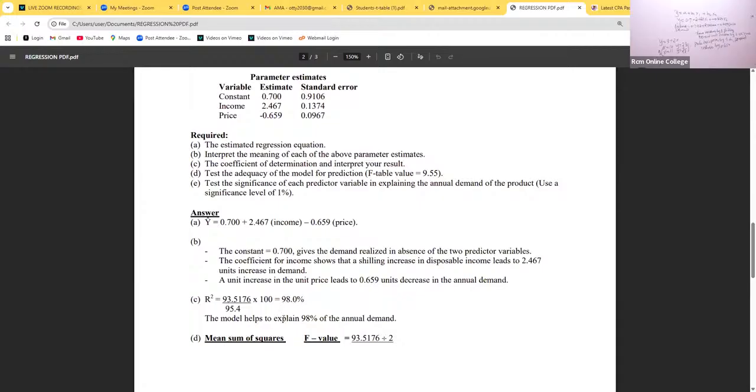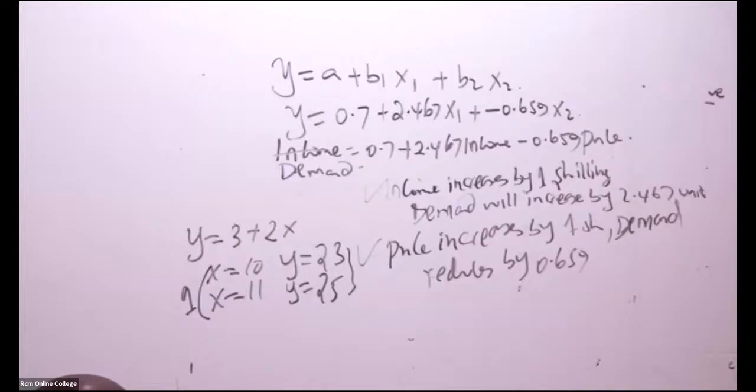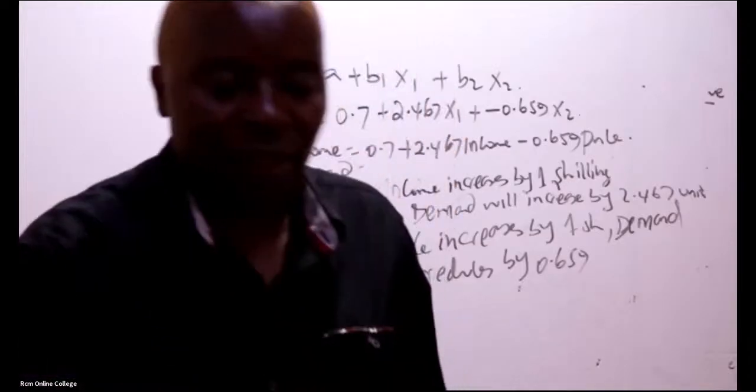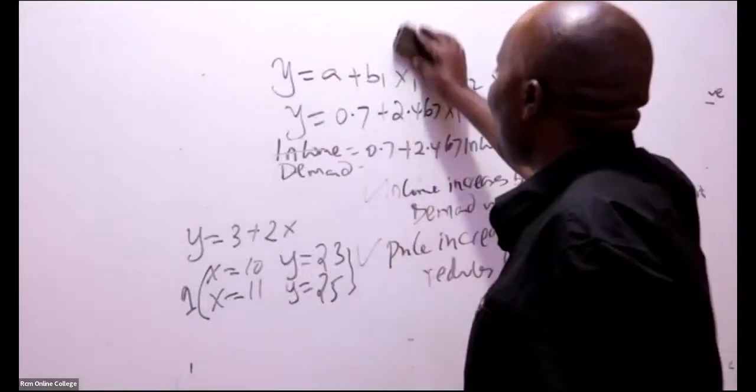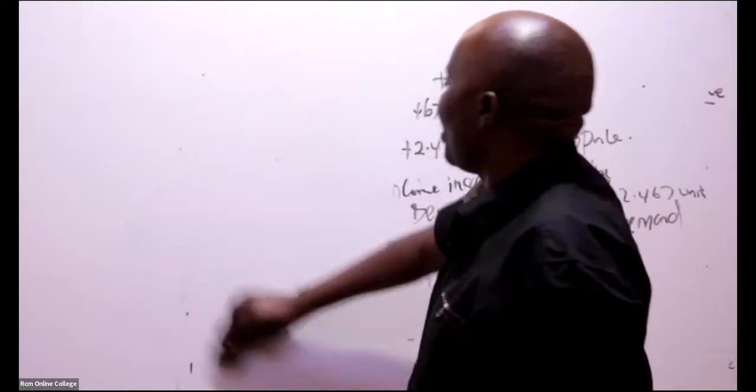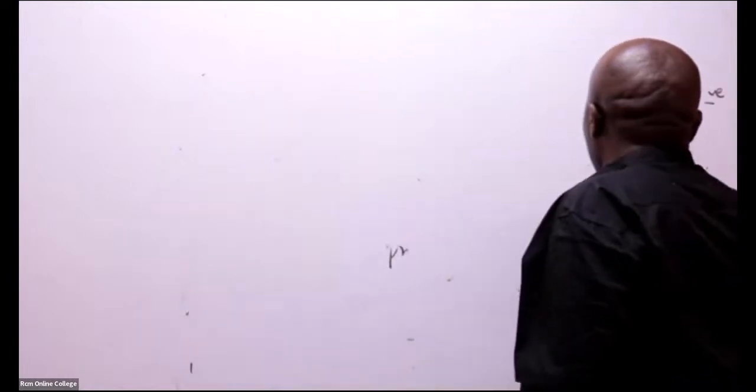So the model helps to explain 98% of the annual demand, and then 2% will be explained by other factors. So this R squared, ladies and gentlemen, to get this R squared, what do we need to do? It's really easy to get R squared. This is what we shall do.